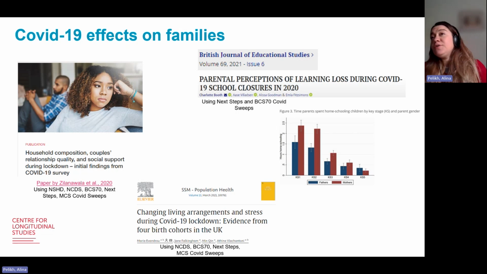It shows the times that parents spent homeschooling children by key stages and parent gender. Overall, the paper discusses the differences in parental perception of learning loss depending on the year group, the school type, various time use arrangements and household distribution of labor. So really a breadth of data that can be and has been used to study effects of COVID.